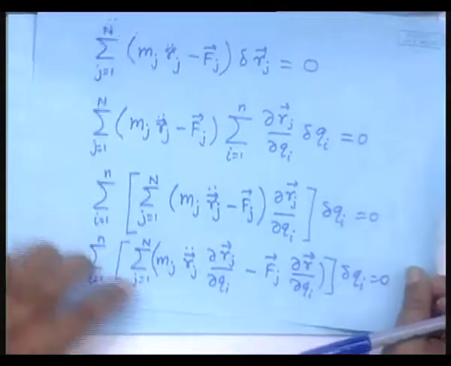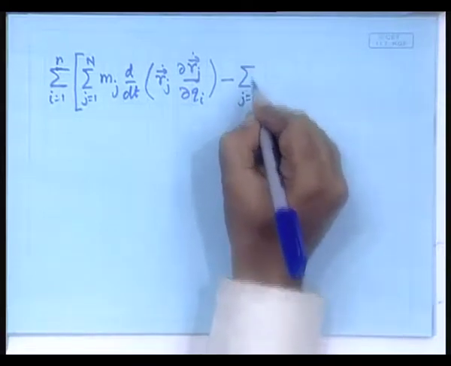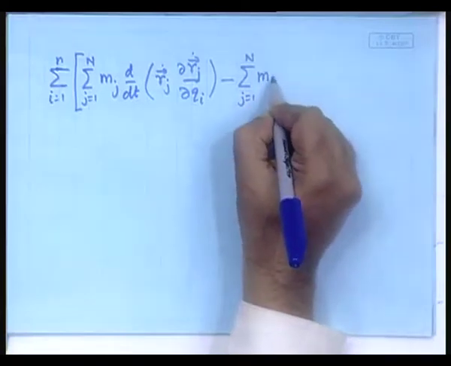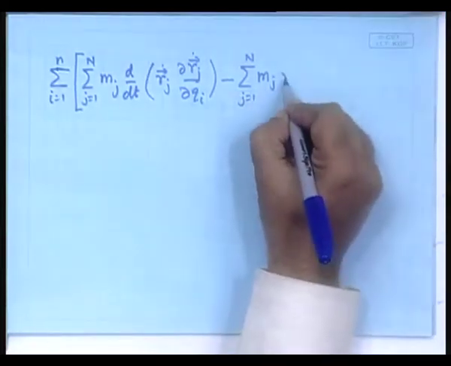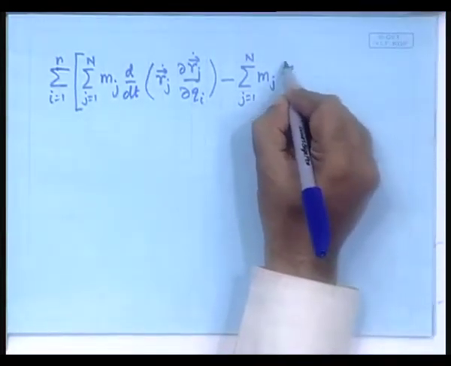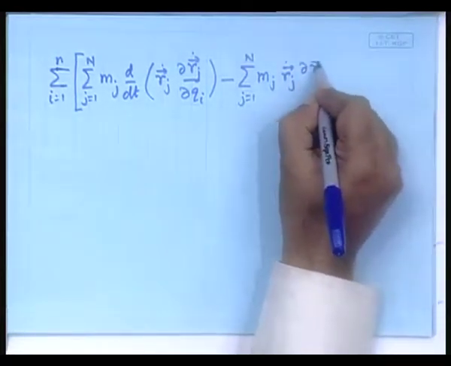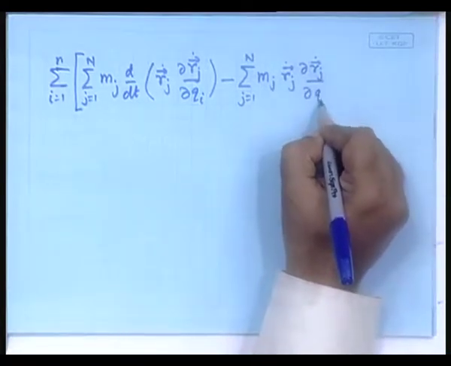Let us break up the summations again, j is equal to 1 to capital N. The next term m j remains. Now comes this term, r dot, now this is vector dot j, dou r dot j dou q i.